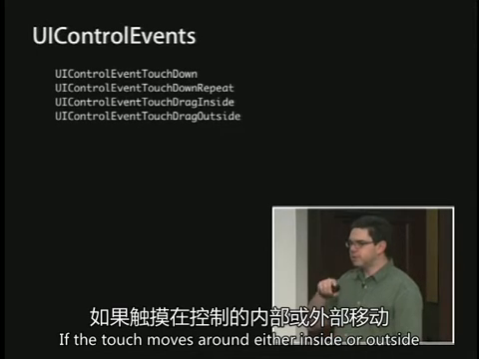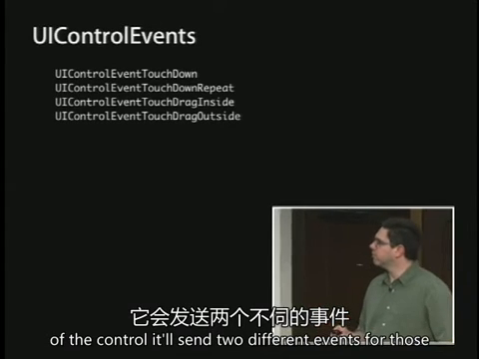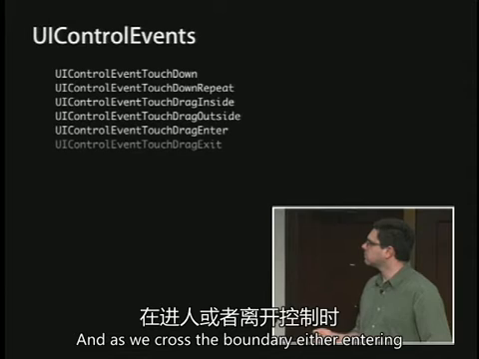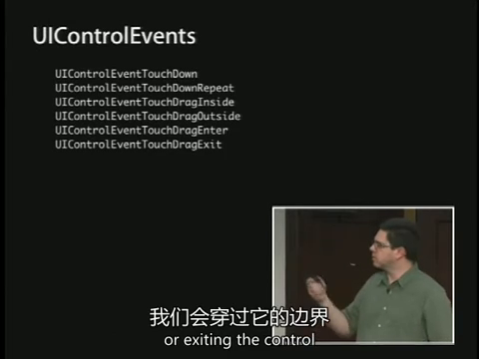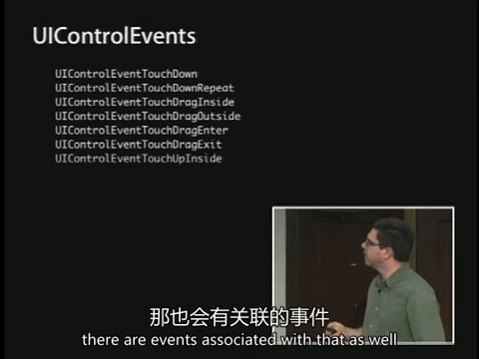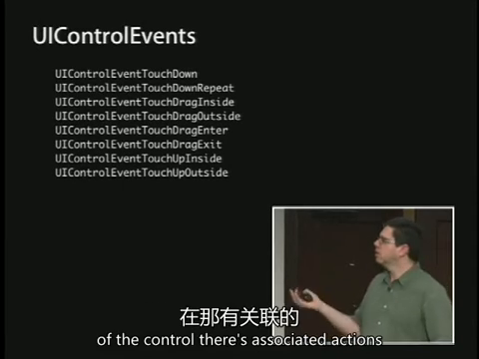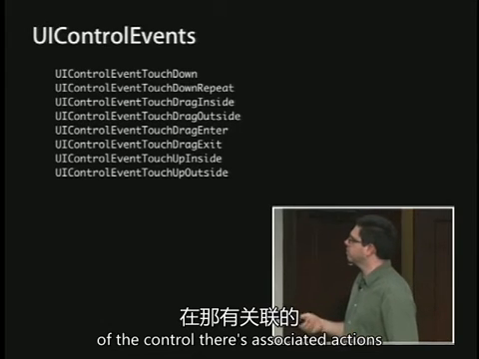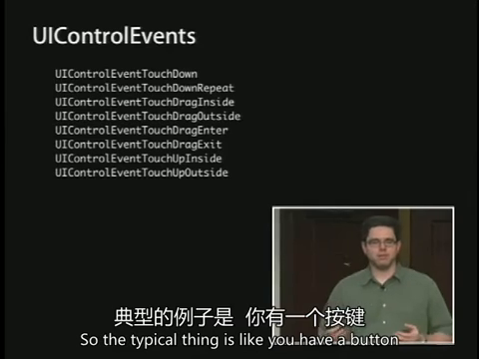If the touch moves around either inside or outside of the control, we'll send two different events for those. And as we cross the boundary, either entering or exiting the control, there are events associated with that as well. And then finally, when the touch lifts either inside or outside of the control, there are associated events there. So the typical thing is you have a button.